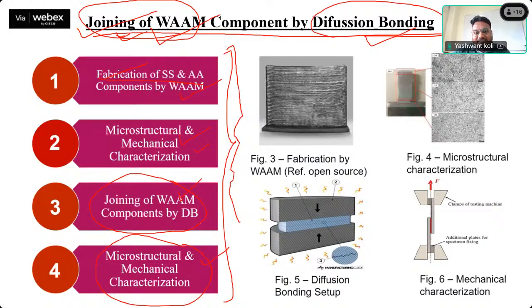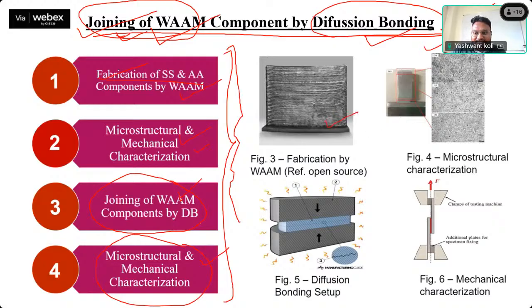So we can opt for this technique if we are fabricating an intricate shape for heat exchangers: we can fabricate a WAM component and join it with similar or dissimilar material using diffusion bonding. This is the standard bonding process that we use, vacuum assisted or without vacuum also we can do it.